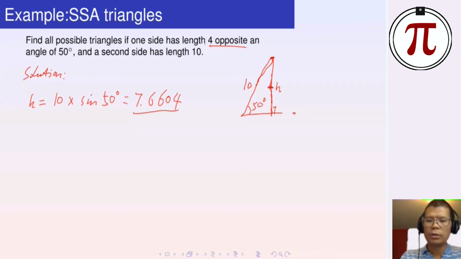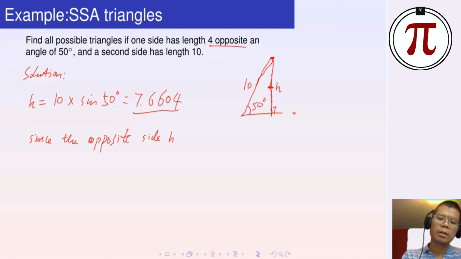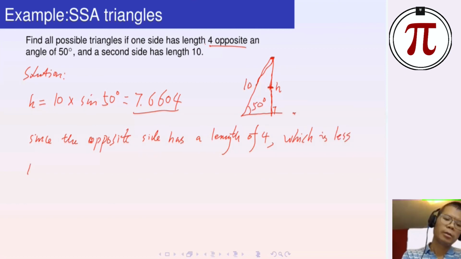So that is going to be no, since the opposite side has a length of 4, which is less than h.